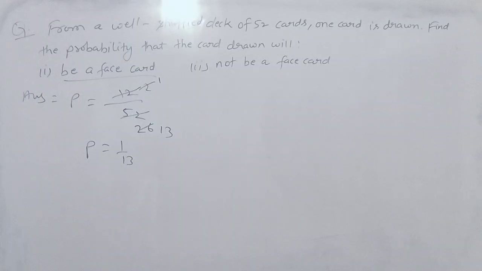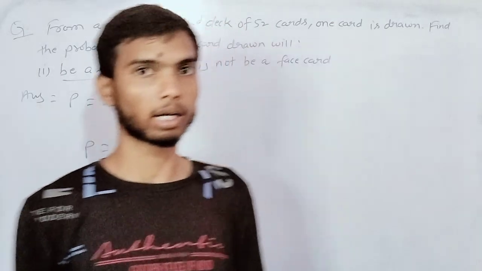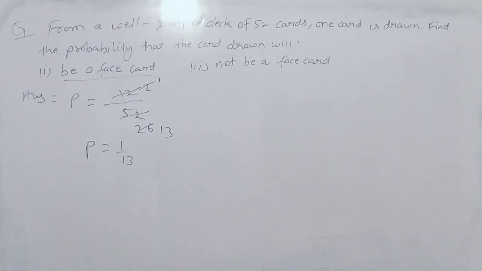So 12 are face cards in 52 cards. 26 are black cards and 26 are red cards. 26 are black cards in 52 cards, and 26 are red cards in 52 cards.